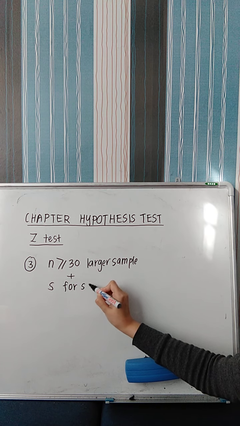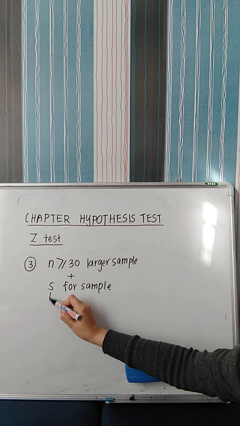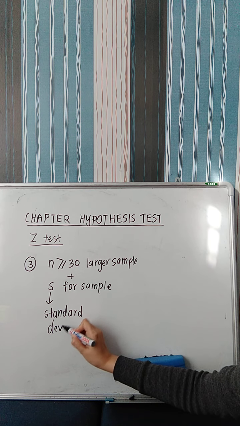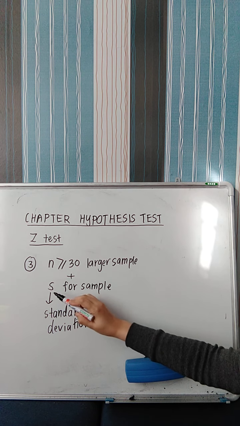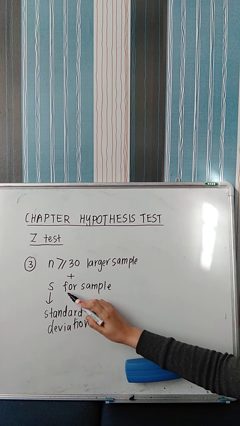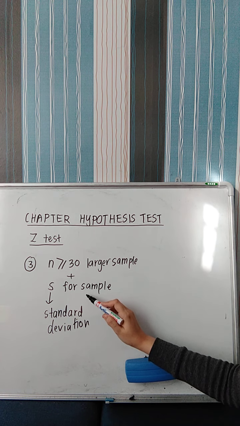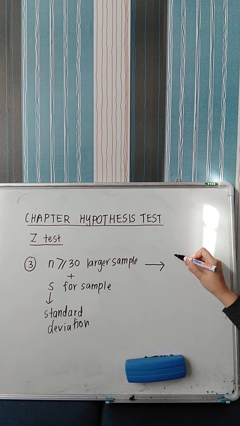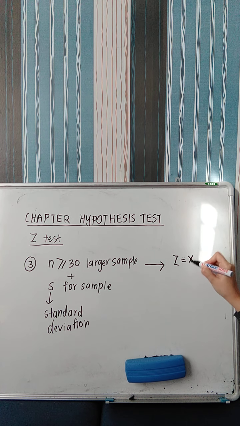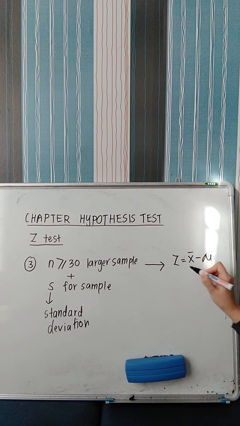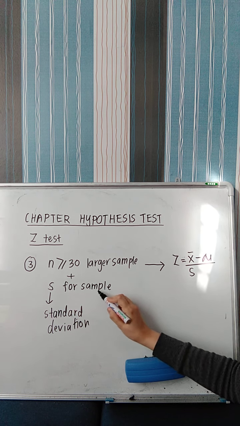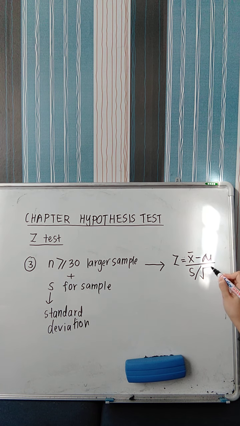S is standard deviation, which means you need to use S, the standard deviation for sample. For this condition, the test statistic used is Z equal to X bar minus mu divided by S, the standard deviation for sample, over square root n.